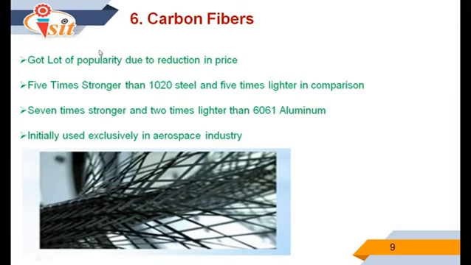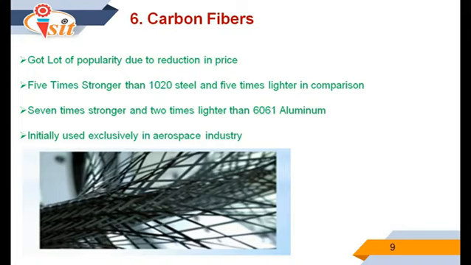Generally it is almost 5 times stronger than steel, and if we compare the weight, it is 1/5 the weight of steel. If suppose the steel has 600 Newton per mm square tensile strength, then carbon fiber is 5 times more.